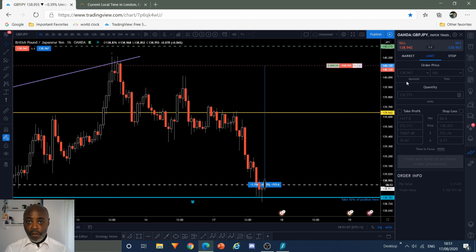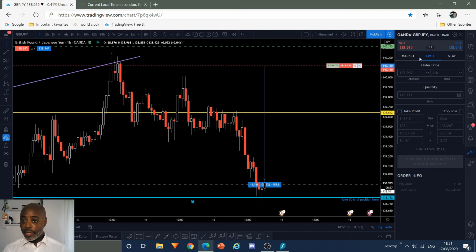To do that, I've got to counteract it by buying half of the position to cancel out a full position which I've sold. So 138,946 represents the whole position, half of that is 69,489. But we've sold the whole position. I want to get out of half, so I'm going to buy half of the position.